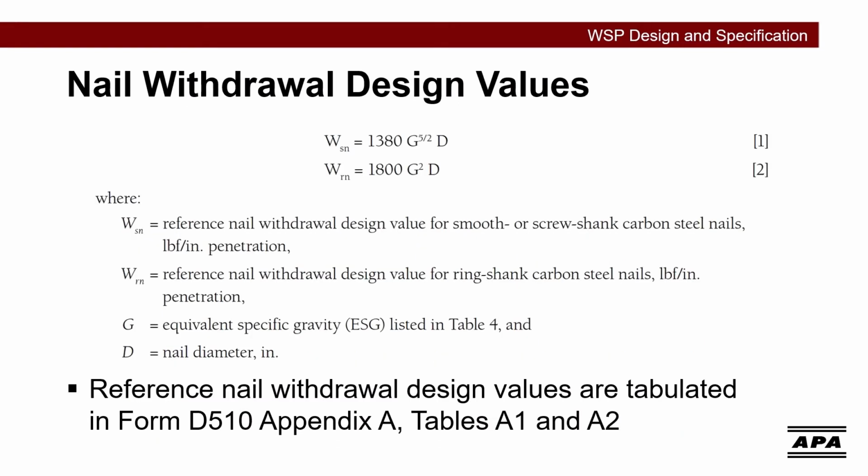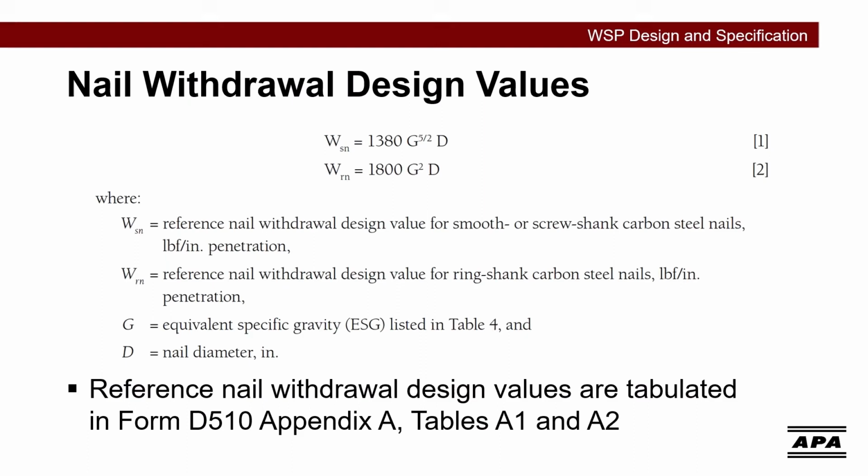The reference nail withdrawal design values for wood structural panels may be calculated with these two equations provided in Section 4.4.8.1 of APA Form D510. As a reminder, the same equations are also provided in Section 12.2.3 of the NDS. Equation 1 is used for smooth or screw shank carbon steel nails, and equation 2 is used for ring shank carbon steel nails.